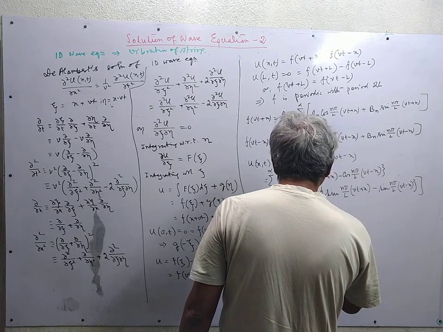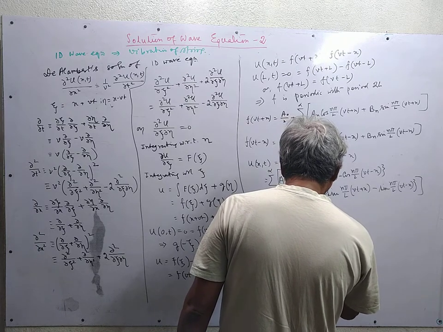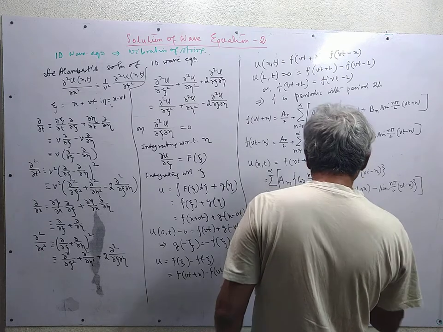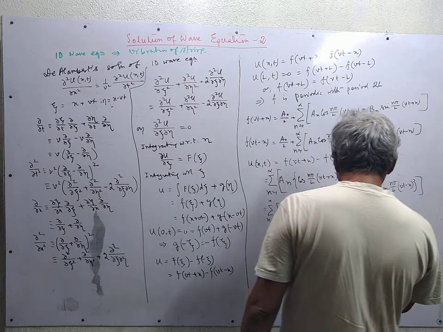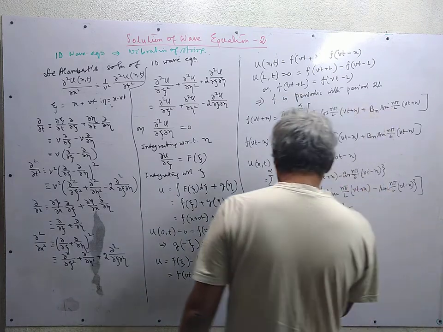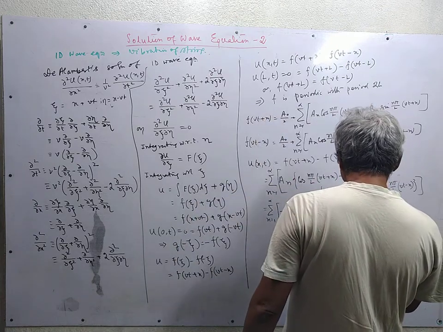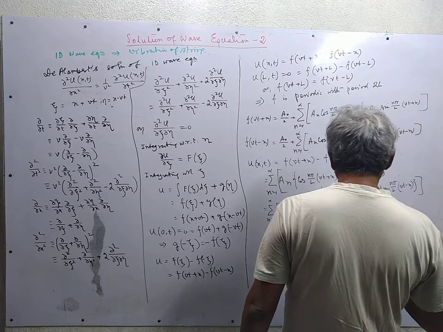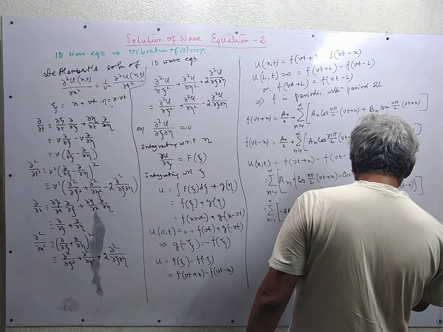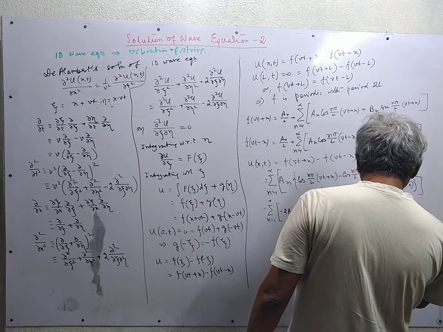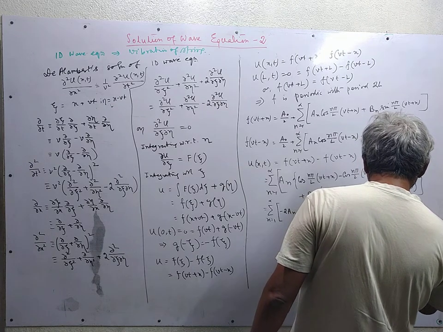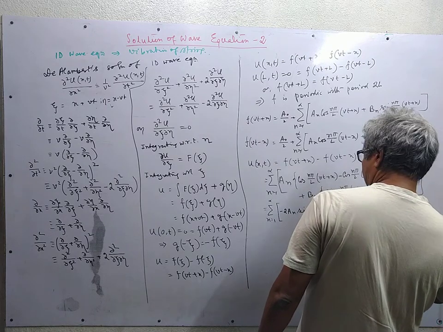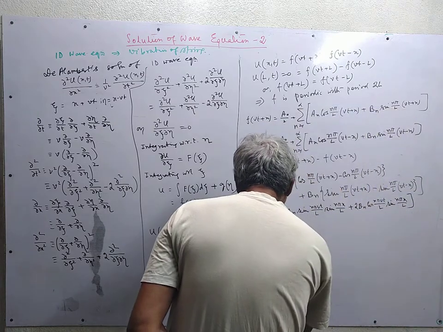This is equal to sine of n pi vt by l times sine of n pi x by l, and from this part we get, with a minus sign, twice Bn cos of n pi vt by l sine of n pi x by l.